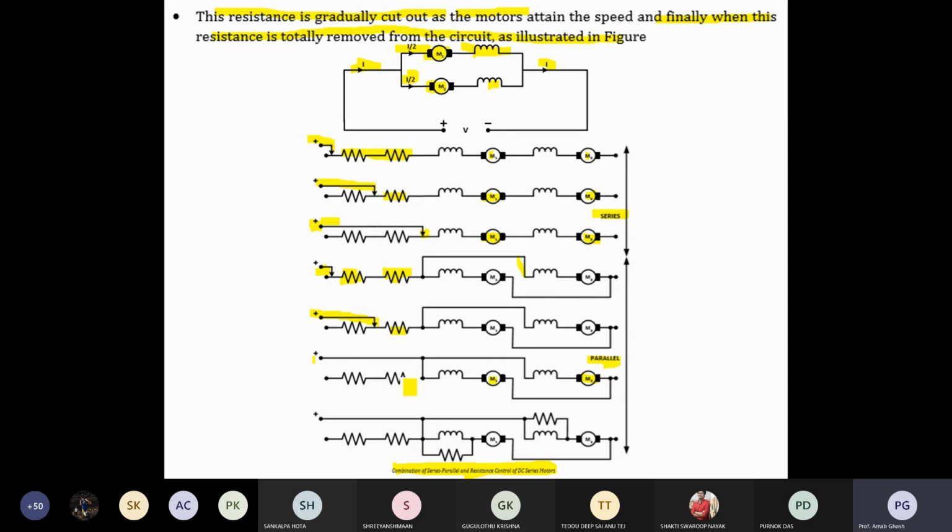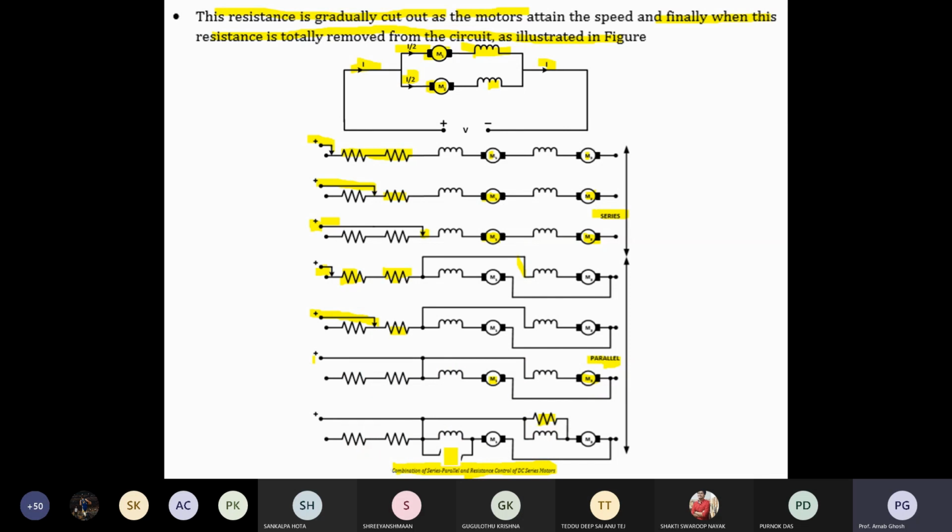After that you should go for field control. For field control, you connect here. It shows a series-parallel arrangement, where additional resistance is connected across the motor field, but this resistance is not external. It will be taken from this bank of resistance.